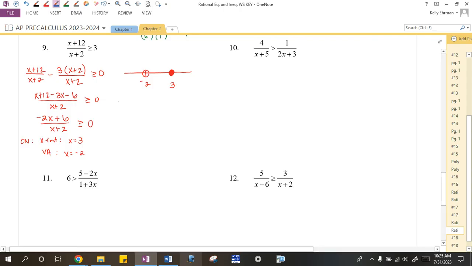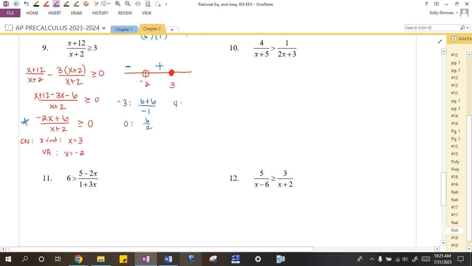We're going to test negative 3 to begin with into your simplified function. When you put in negative 3, you get positive 6 plus 6 over negative 1. That's negative overall. Plug in 0, you get 6 over 2. That's positive.